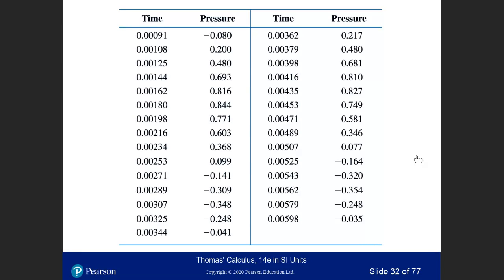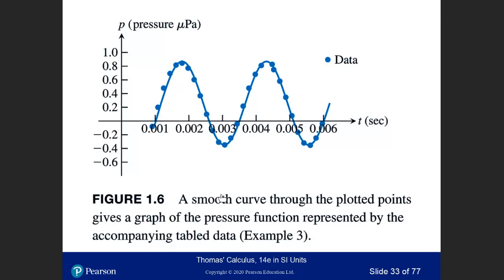Now, if you want to find a more refined graph, you can take a lot of points, like here. Here, pressure is measured with respect to time, and we have this set of points, and we can plot the graph. That will be a more refined graph.